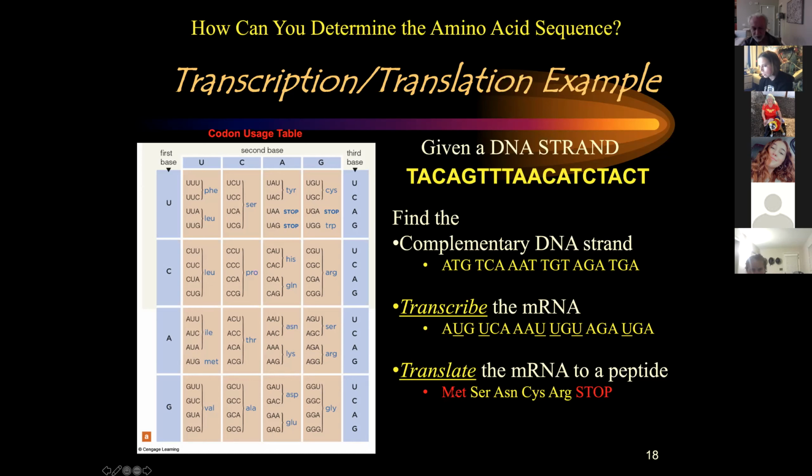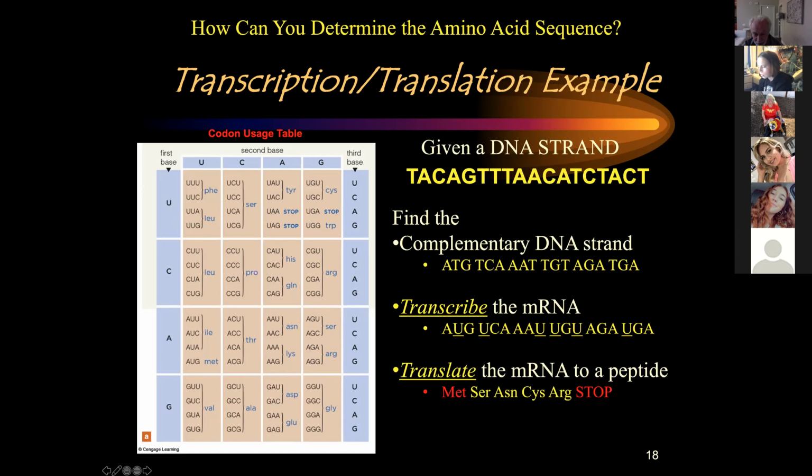Methionine is always the first amino acid in a protein. So you go to the next one, it's UCA. So the first base is U, second base is C in this box, and the third base is A. UCA is serine. All of these codons are for serine. So our second amino acid is serine.